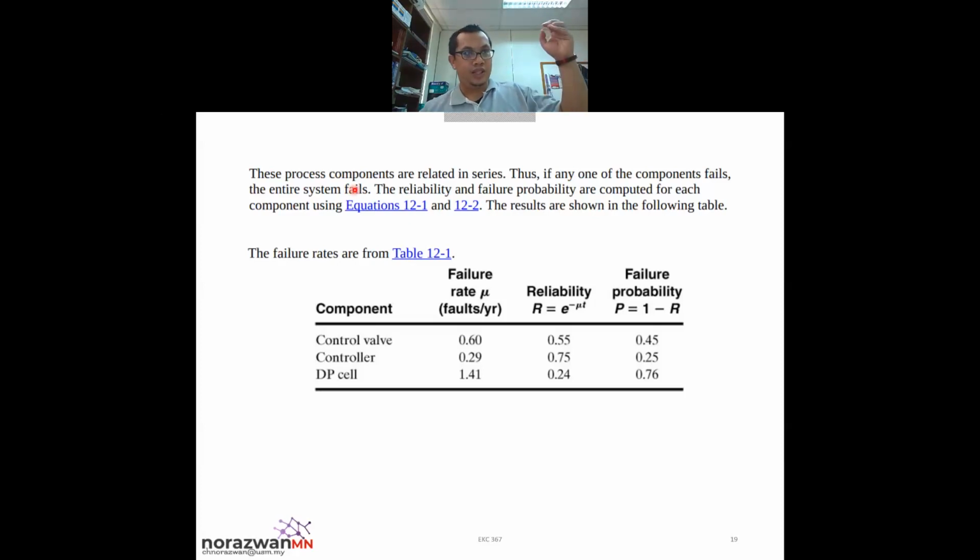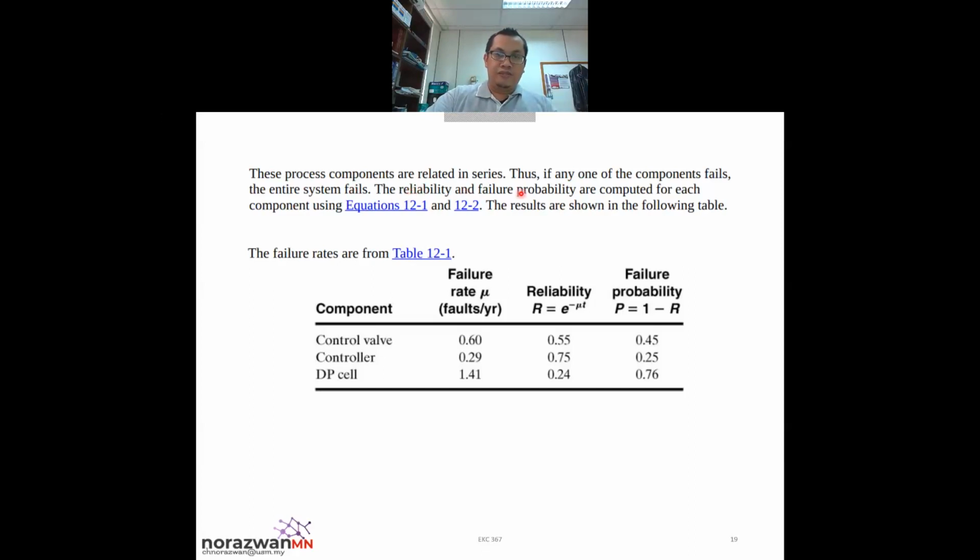Do you remember? Just one component failing makes the whole system fail. It is different from a parallel system, where you need all the components to fail for the entire system to fail.